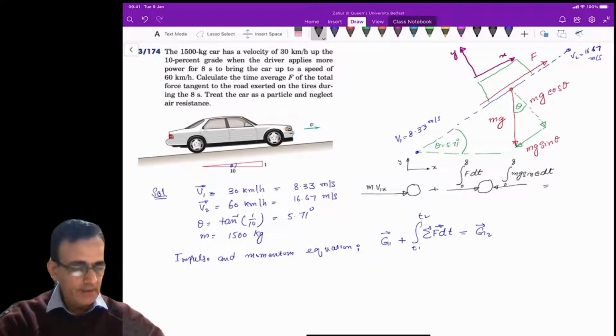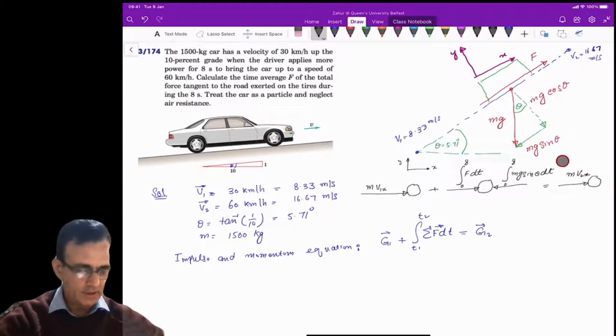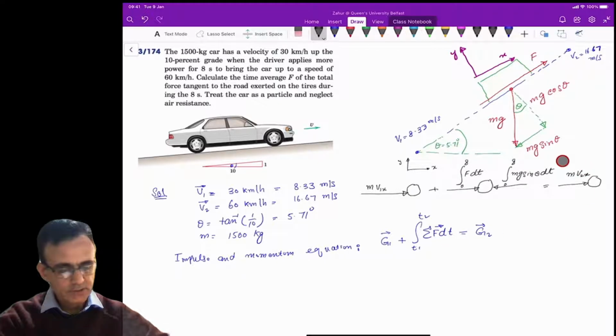And then on the right hand side, we have G2. So G2 here is just m and then v2x, and obviously we know the v2x here.